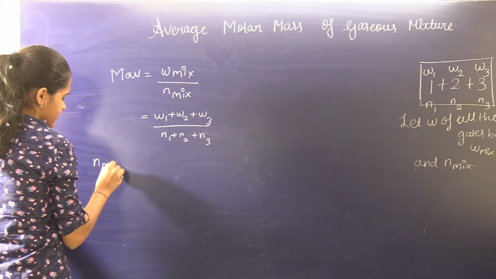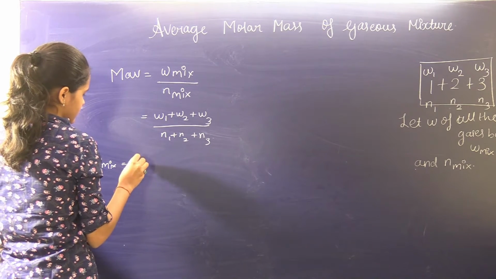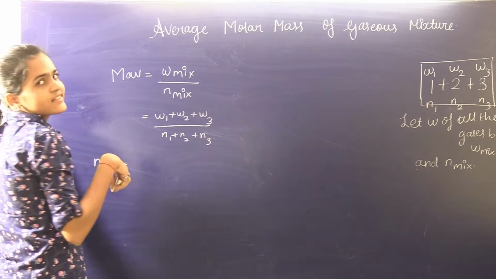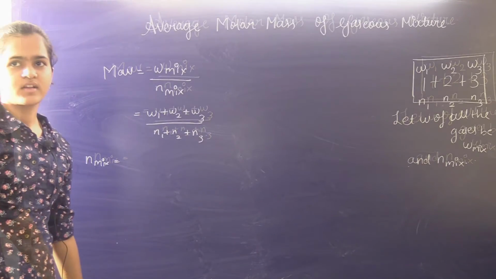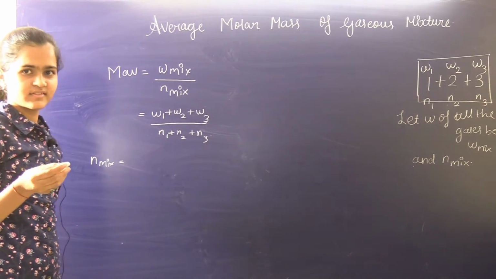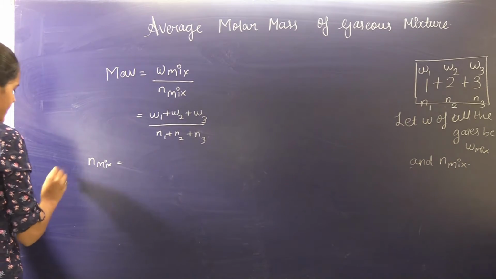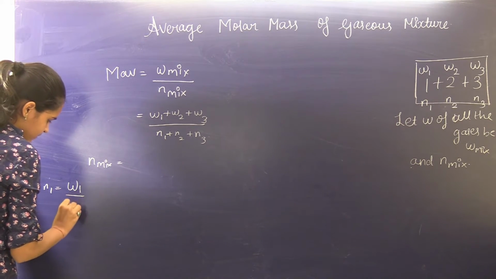Number of moles is equal to, so total number of moles present in gas 1, N1 is equal to W1 upon M1.